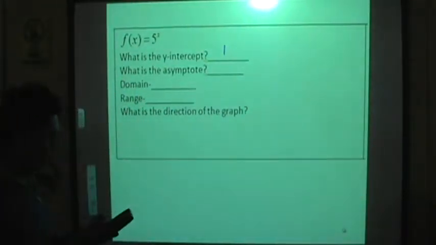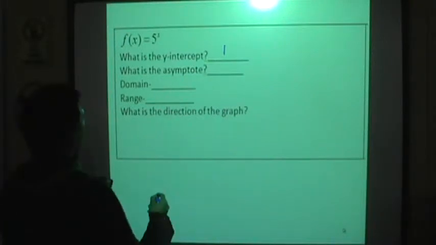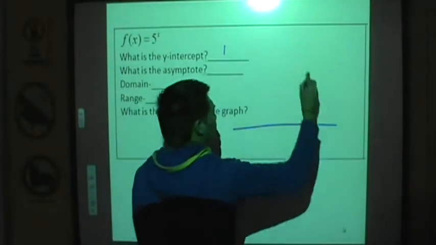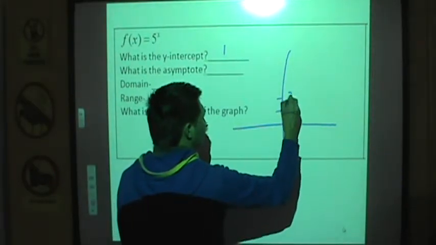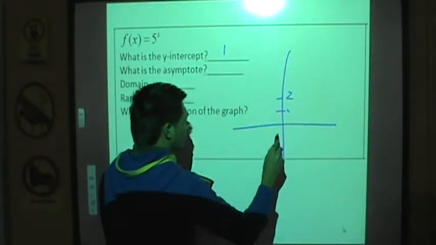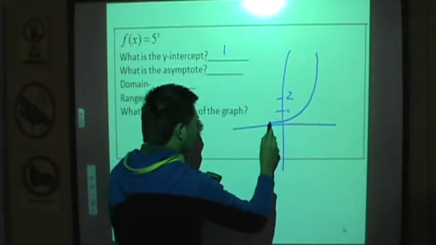If you want to see the asymptote, you have to press graph. The graph looks like this. It looks like the graph is going down again, trying to approach 0.